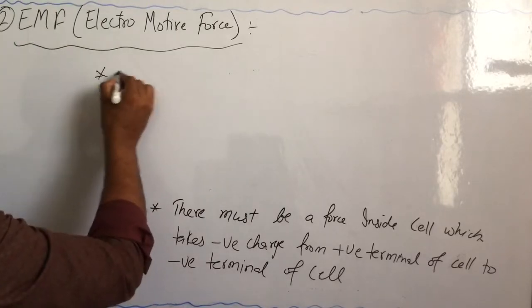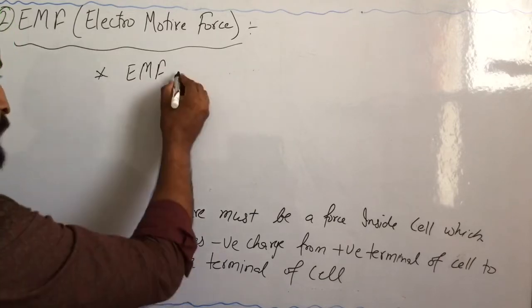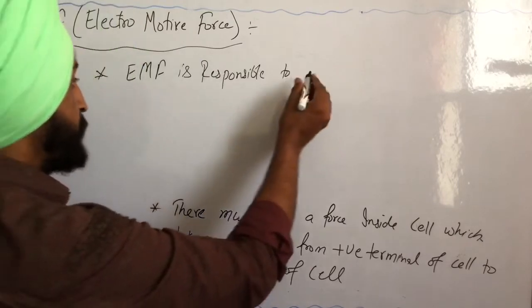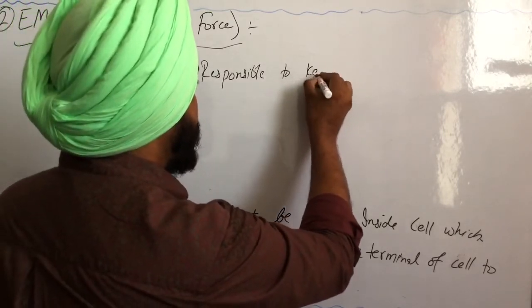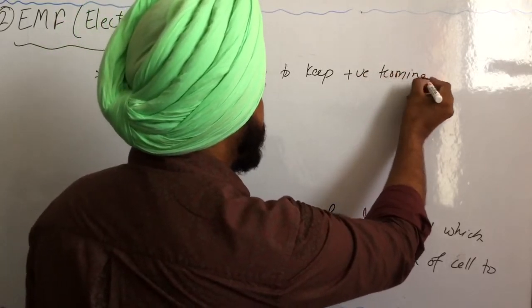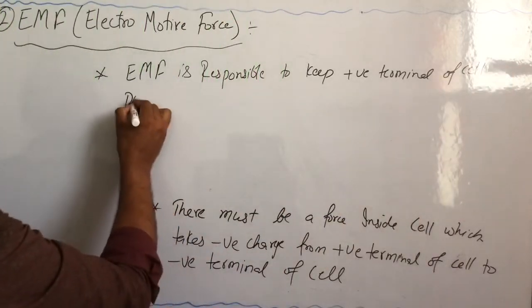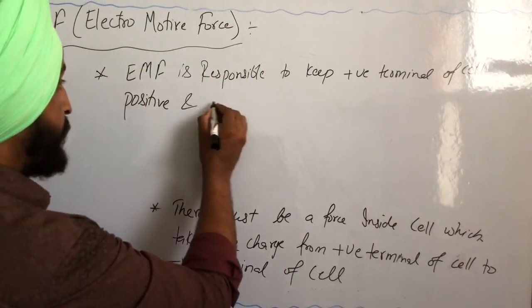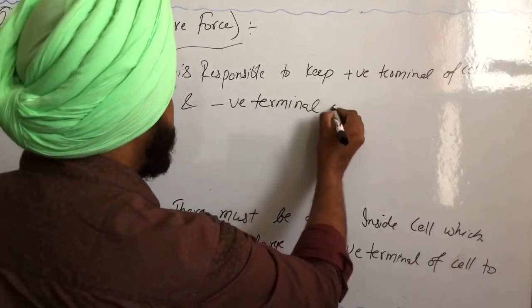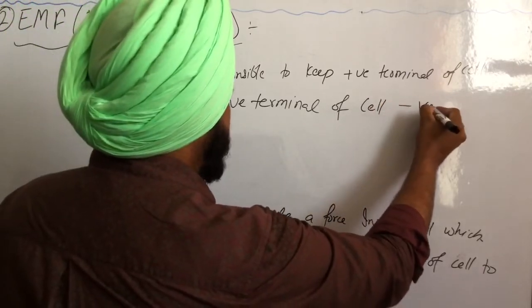So EMF is responsible to keep the positive terminal of the cell positive and the negative terminal of the cell negative.